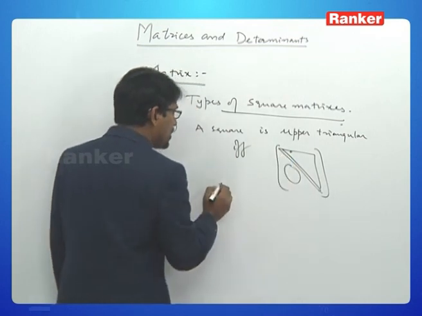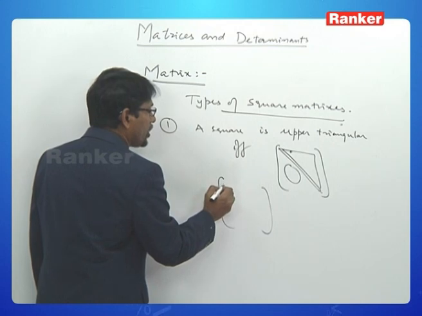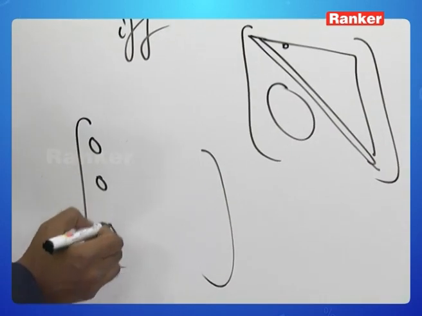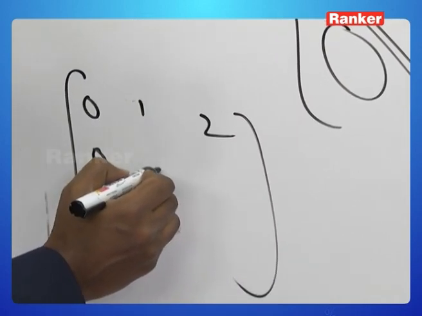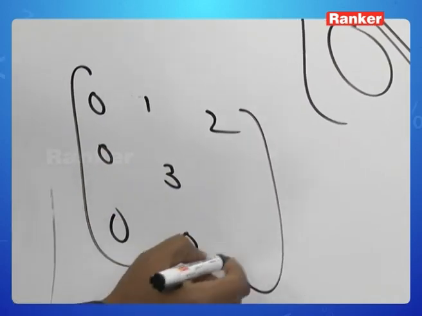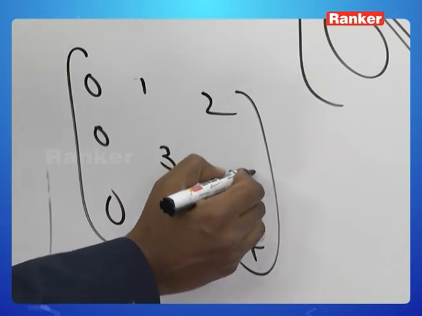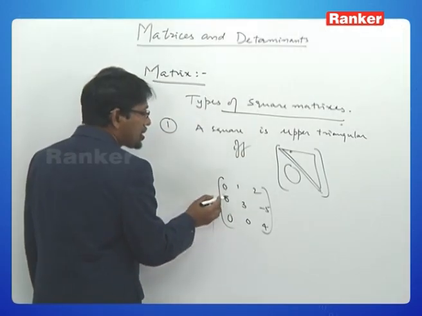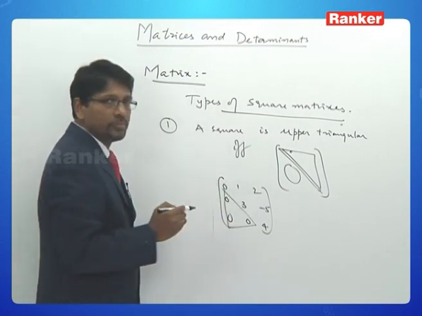If I represent it this way, for example, we'll have 0 0 0, with anything in the other positions. That is, the elements below the principal diagonal have to be zeros.